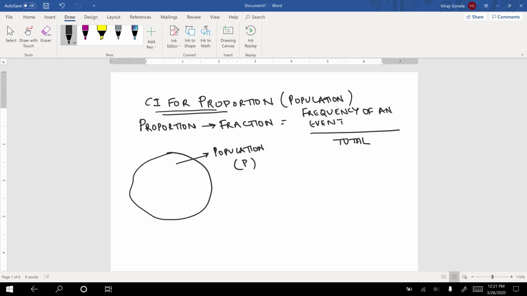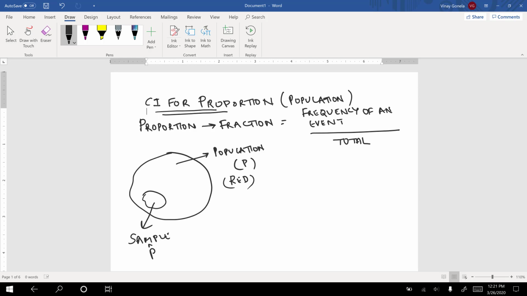So we try to take a sample, and the sample's proportion is represented by P hat. One of the examples would be how many people in Killeen like color red. That is what we are interested in.